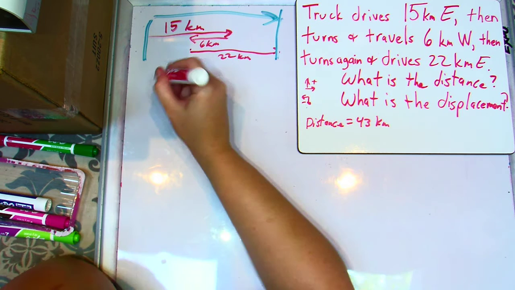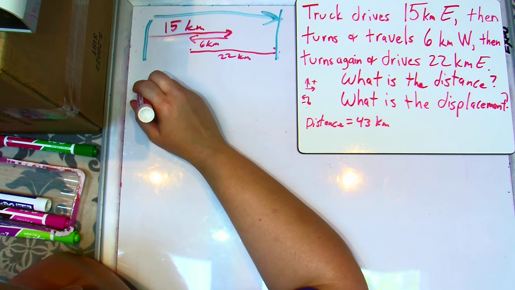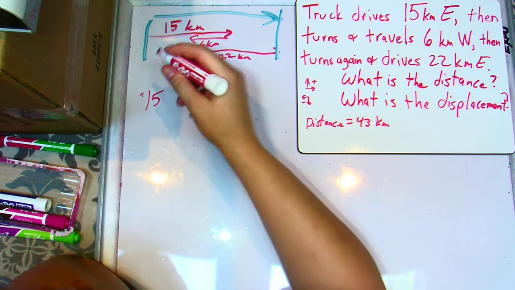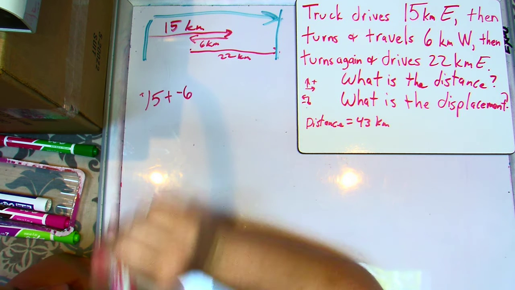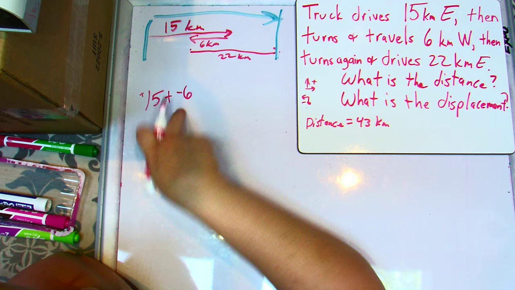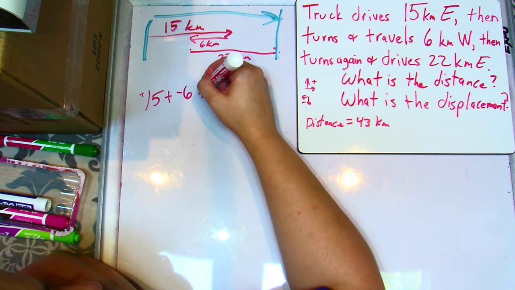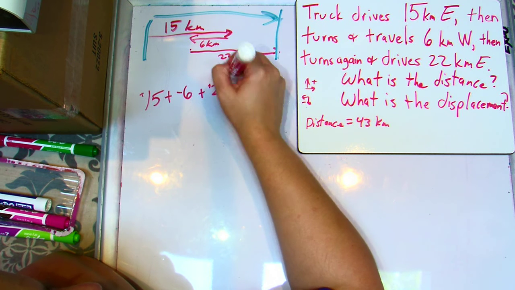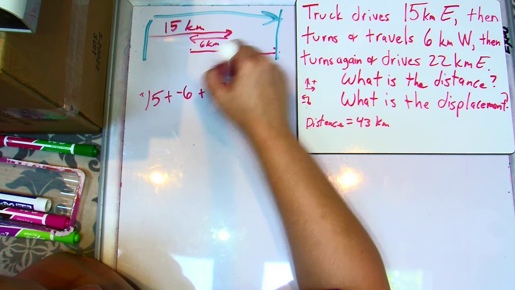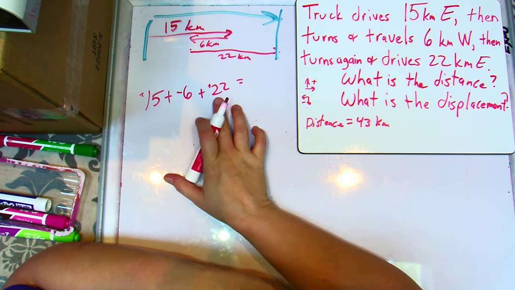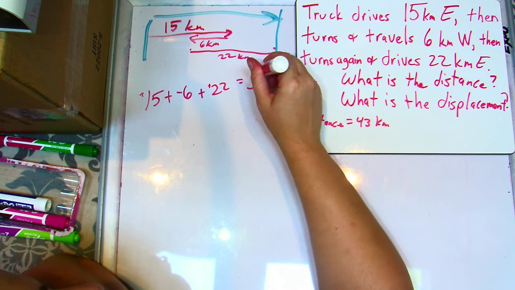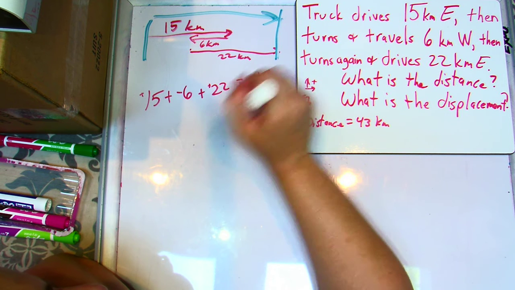So we're going to do 15 to the right plus negative 6, because that's heading in the opposite direction, plus 22 to the right. So 15 plus negative 6 plus 22 would give us 31 kilometers.